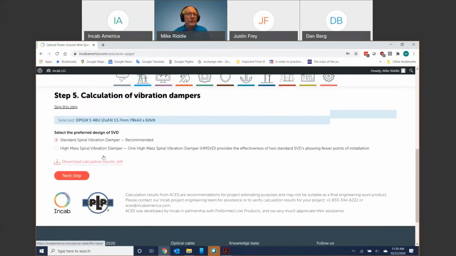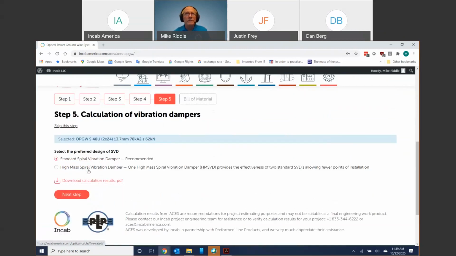And so you don't have to buy as many of them, but it's the same protection. It's quicker during install, you just put on one big high mass spiral vibration damper versus 2 standard ones. And then these results.